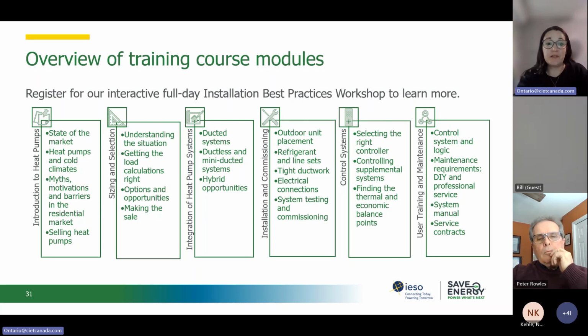I'm going to spend quite a bit of time talking about installation and commissioning, including where to put your outdoor unit, refrigerant and line sets, the tight duct work, electrical connections, testing and commissioning. We'll have a section on controls, controlling the supplemental system, selecting the right controller, finding the right balance point to use in hybrid systems, and then a section on user training and maintenance as well.